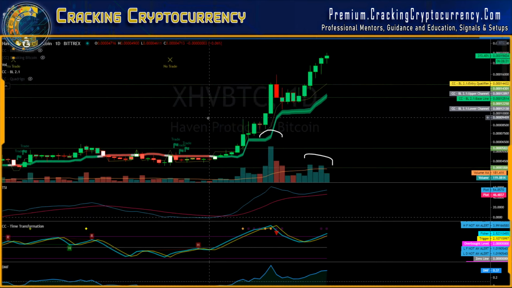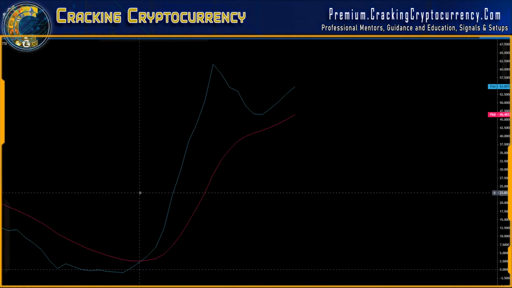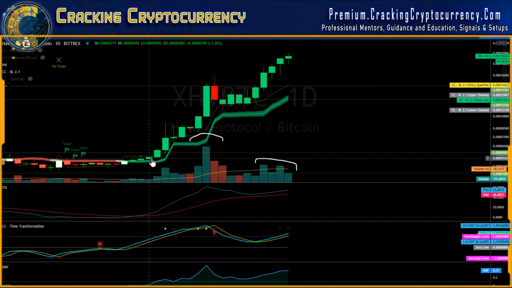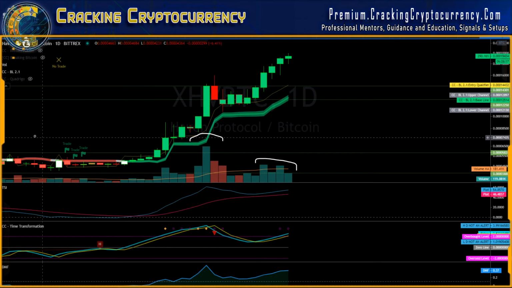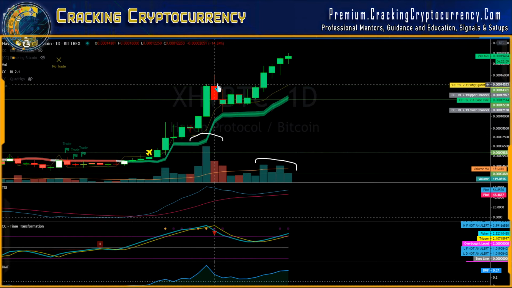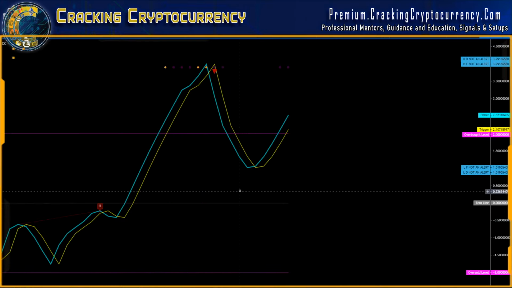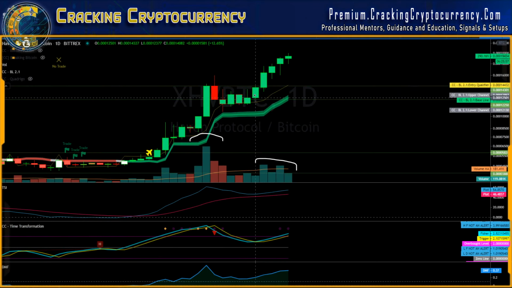Let's look at how my PTP structure would have traded this. All right, so where's the actual crossover? Right there. That is when we get confirmation, and on that same candle we get volume confirmation as well. So PTP could have gone long on this candle right here, at least my personal strategy, and would have caught this first wave, selling here on this exit signal of time transformation, and we get a continuation trade right here on the 26th, which is right here.